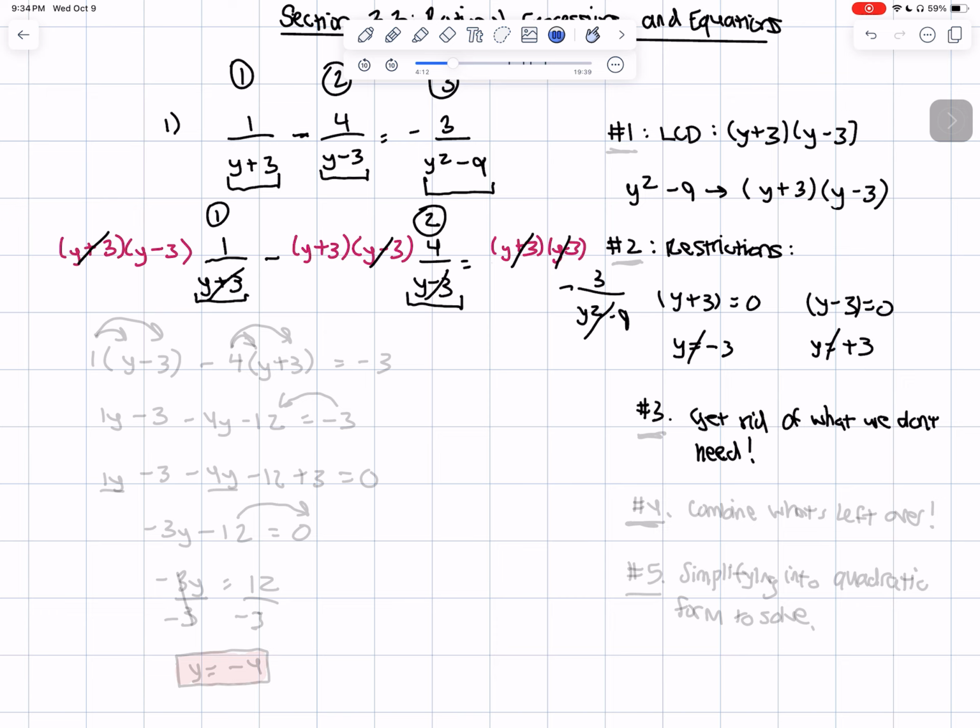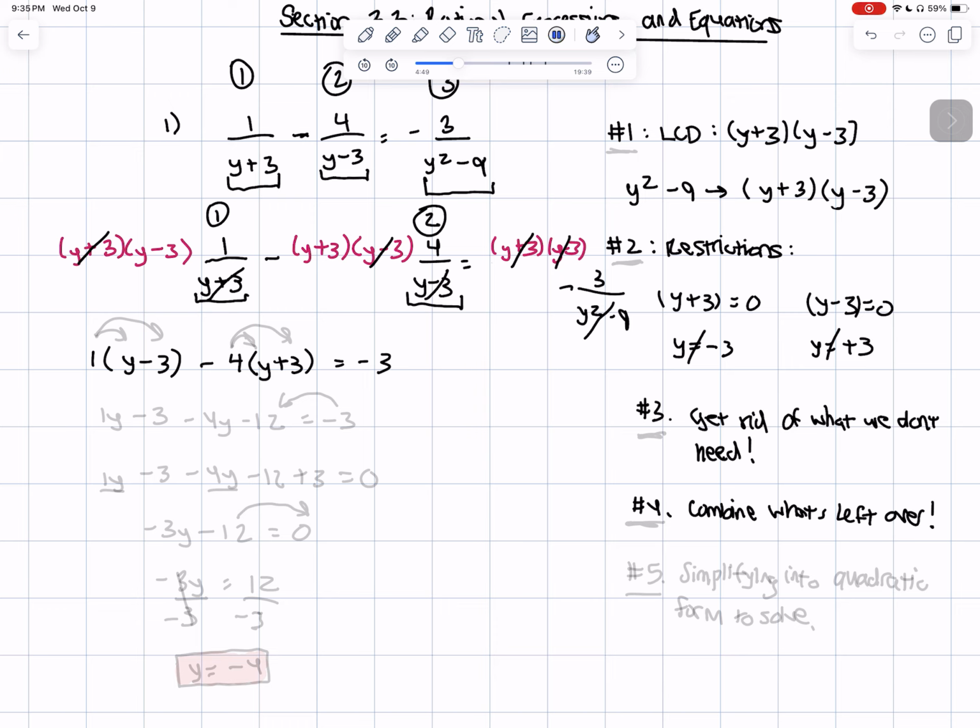So now our fourth step is to combine what's left over. So now I have 1 times y minus 3, minus 4 times y plus 3, equals minus 3. Now we want to simplify and get it in a form to solve.